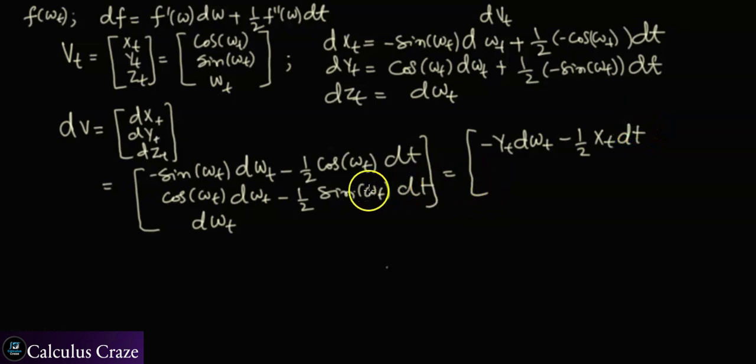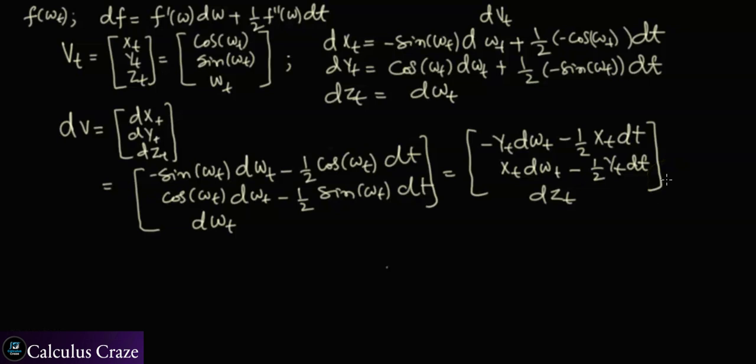Similarly, cosine W_t is given by x_t, so x_t dW_t minus 1/2 y_t dt, and then finally this is nothing but dB_t, which can also be written as dz_t or maybe just dW_t, right?